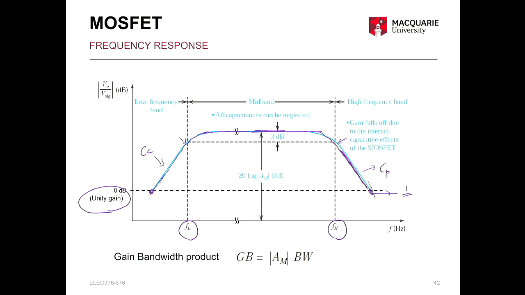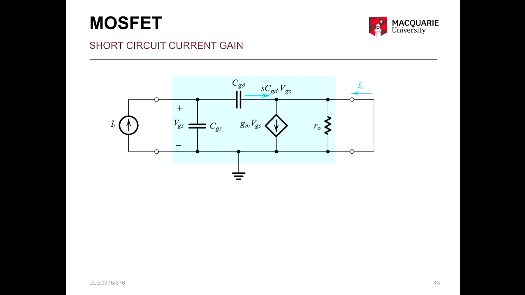And what would be the dB value of that? 0, which is 20 times log 1, which is 0. So that is the 0 dB frequency, and if you take this bandwidth, that is called unity gain bandwidth. We call it omega T, or sometimes FT, or unity gain bandwidth, T for transition.